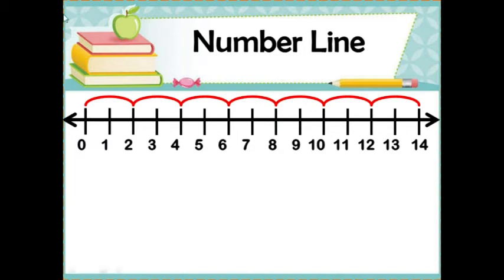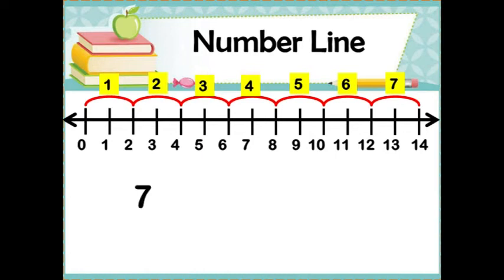So imagine you are here at 0 and you are going to jump just like that. You are going to jump just like that. So we are just going to count how many times we jump. So let's count 1, 2, 3, 4, 5, 6, 7. So we jump 7 times.